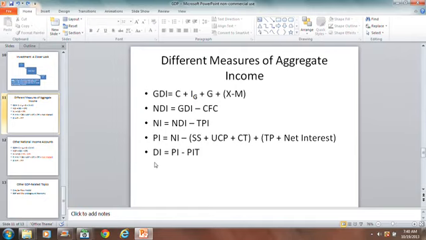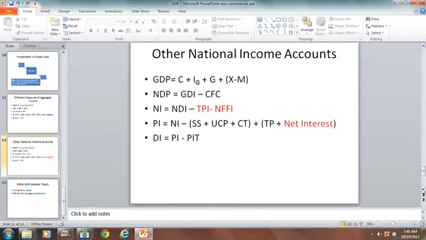The consumption that results from the disposable income then flows back into the consumption for the next period. So it creates kind of a circularity. You have consumption for the current period determine disposable income. That disposable income feeds consumption for the next period, and so it creates a looping, a circularity. So you can get a sense of the circular flow process by looking at these different measures of income.